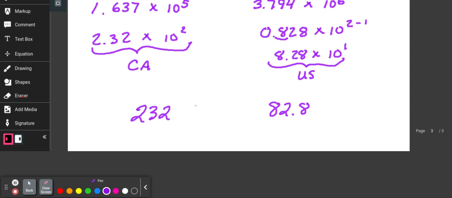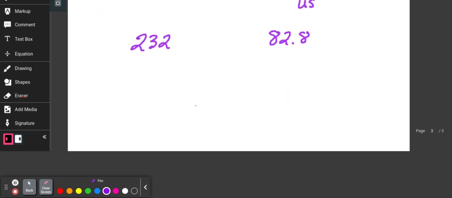Okay. Now, if we wanted to go a step further and find out how much greater, we would divide these. So if I just divide these together, 232 divided by 82.8, I get 2.8. So we could say that the population density of California is 2.8 times greater, or that it is 2.8 times more dense than the United States.